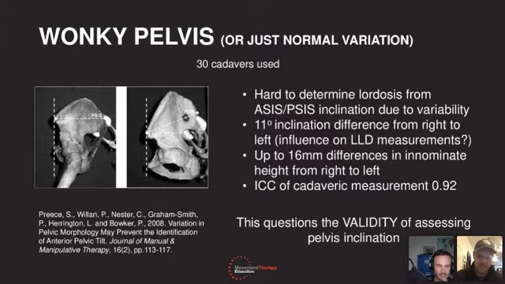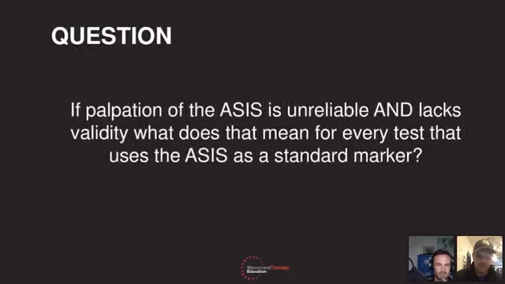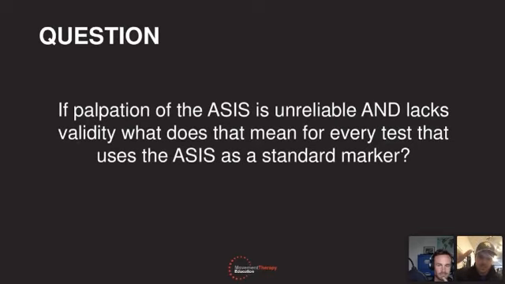Okay, so then we've got a question. So if palpation of the ASIS is unreliable, so people can't agree where it is, and it lacks validity because we're different from side to side, then what does that mean for every test where we use the ASIS as a standard marker?